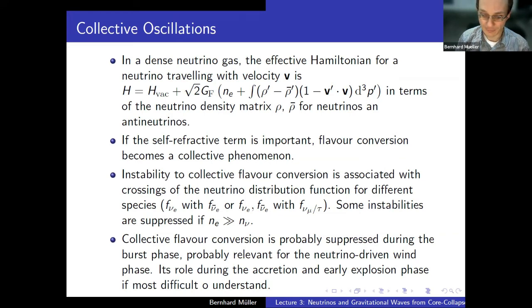And people have identified that whenever you have phenomena like crossings in the neutrino distribution function, meaning that in certain directions, say the electron antineutrinos outweigh the electron neutrinos, or also new E's outweighing the new mu's at a certain energy or something like that, that generally sets up the stage for some form of instability.